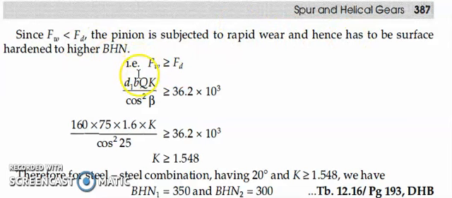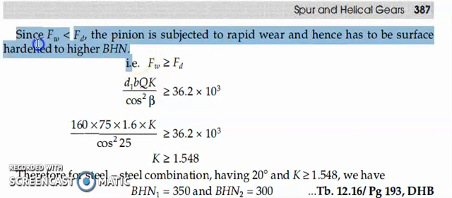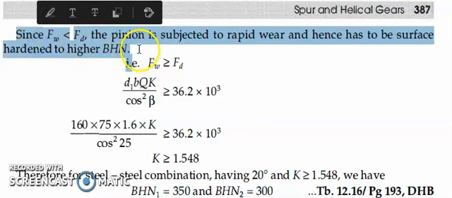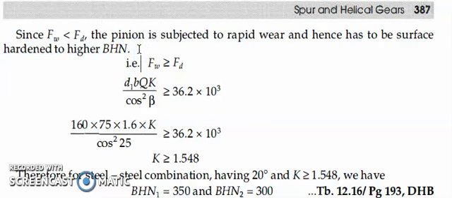So we can conclude this step with this statement, and after that we have to find the safest BHN, that is Fw greater than Fd. For that Fw equation we know, that is d1 b Q K divided by cos beta, and the Fd we already calculated, that is 36.2.